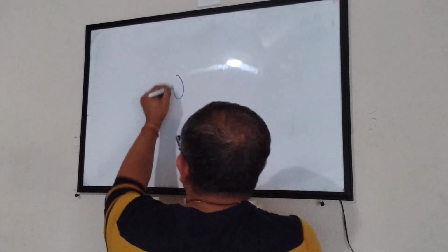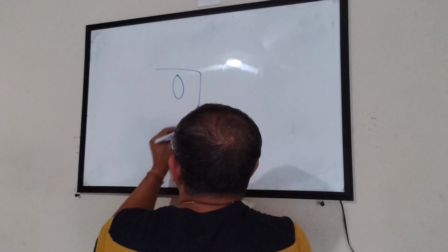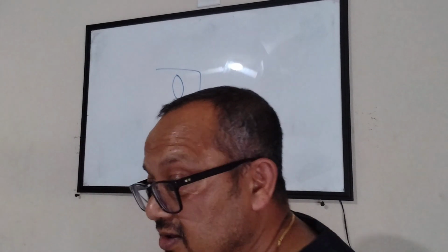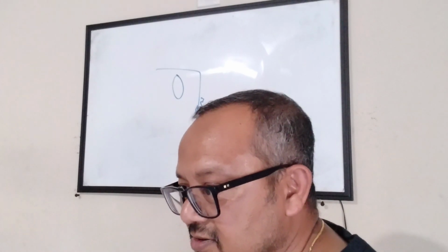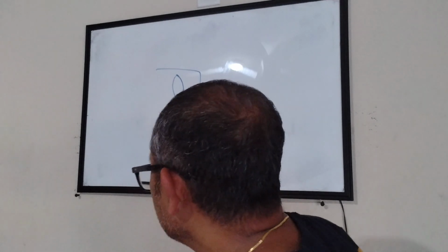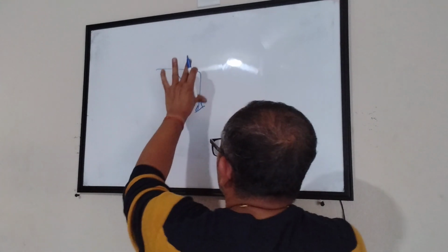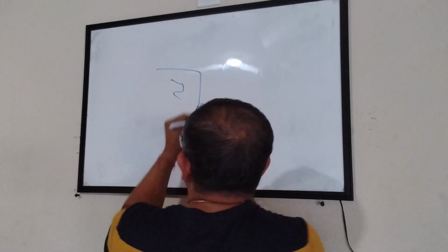Or 0 to square root of 5. 0 to the square root of 5. Fifth root, that's what you're saying? Why do you want to waste energy for this? Oh, no. I mean 0 to the left and 5 to the right. Like this?